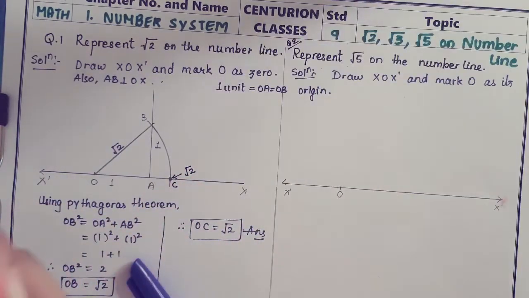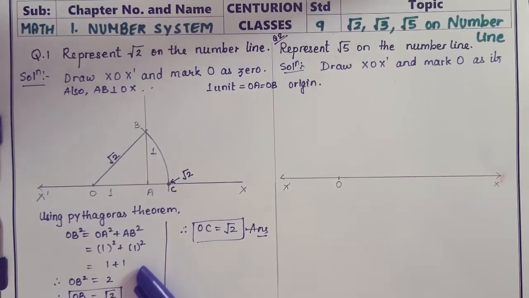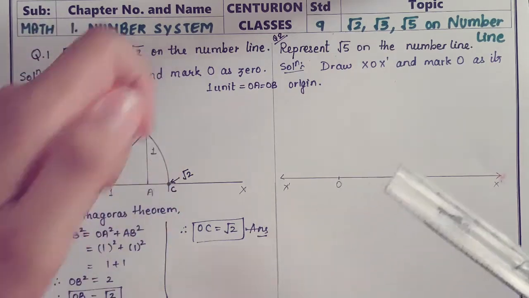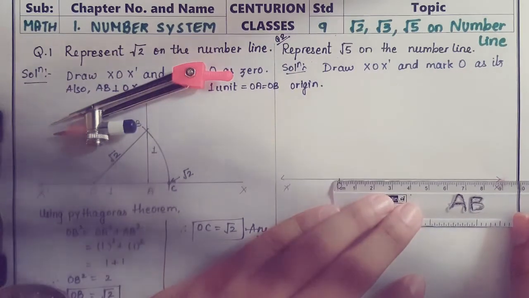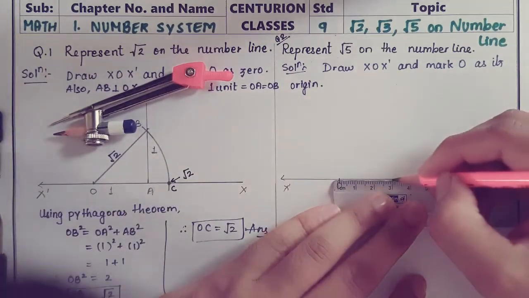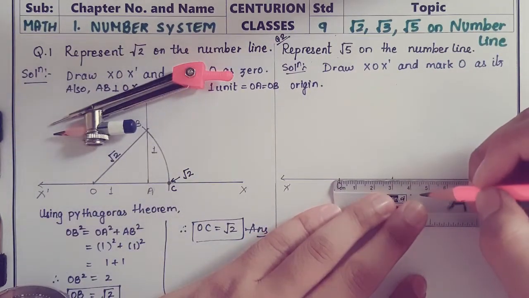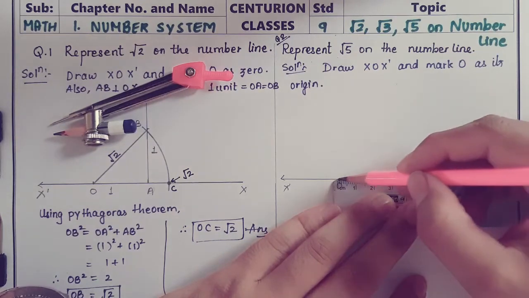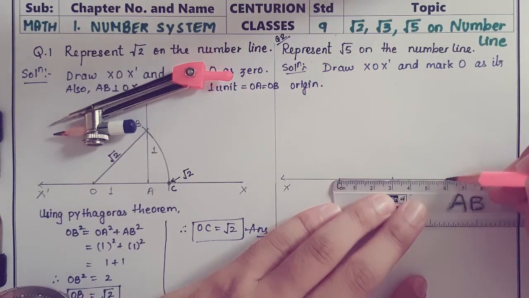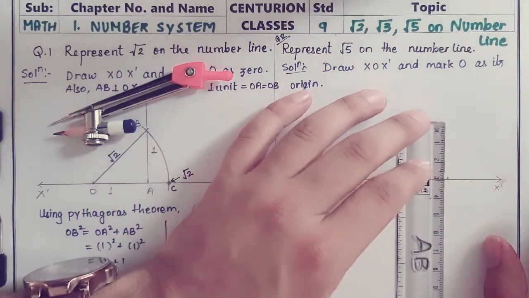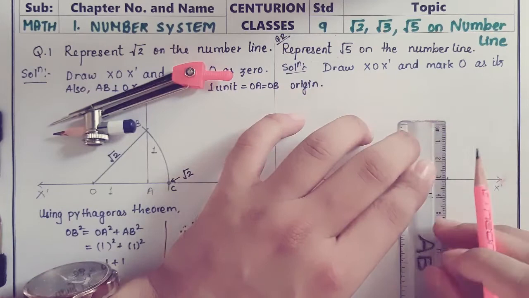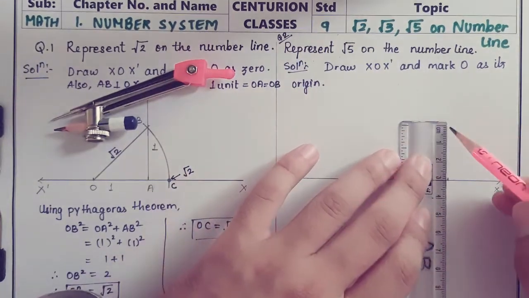Let us try to do the same thing here on the main page. I'm going to take 1 unit as 3 centimeter, till here. Then I'll be taking 1 unit here. I hope you can see this.